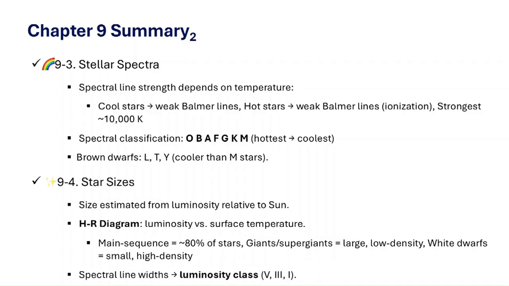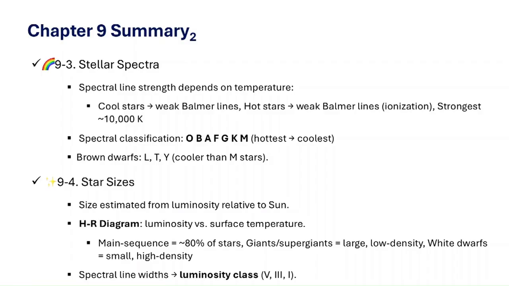And we also talked about brown dwarfs, which are cooler than M stars and have their own spectral types. And next, section 4 is all about star sizes and the H-R diagram. So we can estimate a star's size by comparing its luminosity to the sun. And the H-R diagram plots luminosity against surface temperature and helps us categorize stars. And most stars, including the sun, are on the main sequence.